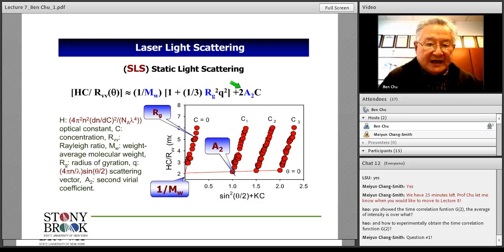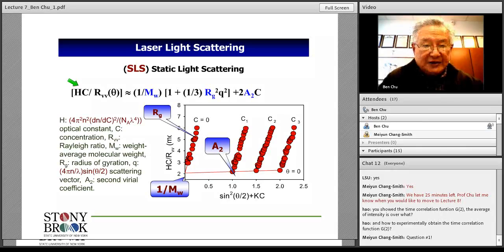You can make such a plot, and from this plot, you plot HC over R_VV as indicated here. But you plot in this case in terms of sine squared theta over 2 because of the Q squared dependence here, because you have constant wavelength.